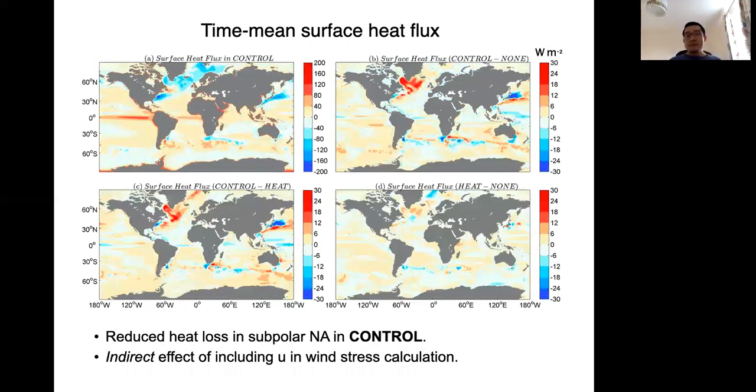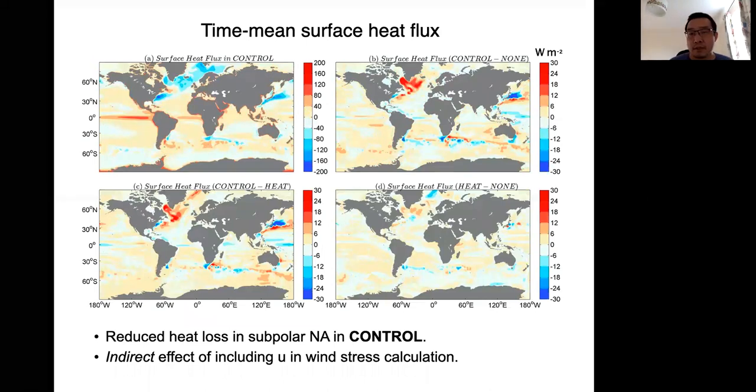Now, if we look at the difference in the time mean surface heat flux, things become more intriguing and interesting. If we start from panel A, which shows the time average surface heat flux in the control experiment, the pattern is similar in other experiments.